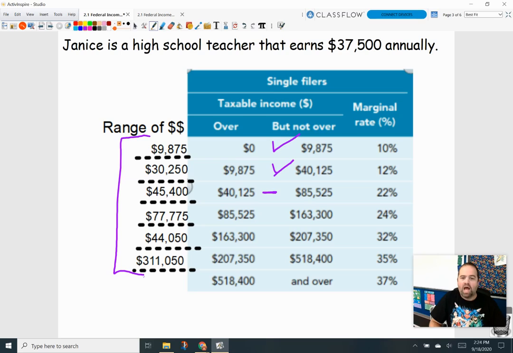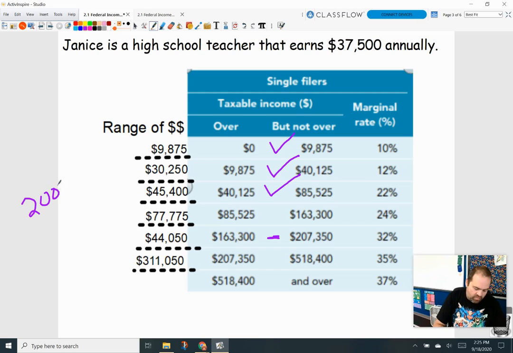All right, so let me pick another random amount here. Let's say I make $200,000 a year. So now I'm in this bracket. If I make $200,000 a year, that puts me here. I know that 9,875 is going to get taxed here, 30,250 is going to get taxed here, 45,400 is going to get taxed here. And you see where I'm going with this? So what I have to figure out is how much of my $200,000 is going to get taxed at 32%.